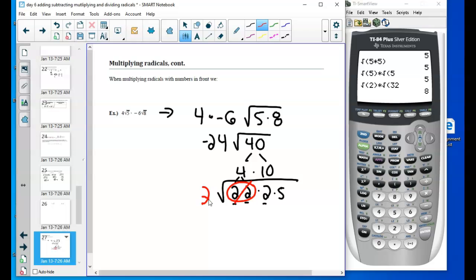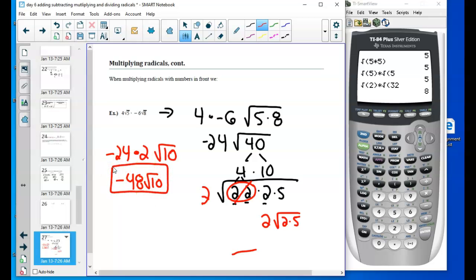Okay? So I have 2, and then I have the square root of 2 times 5. All right. So I had a negative 24 in front of the radical sign times 2, and then I have the square root of 10. Negative 24 times 2 is negative 48. Square root of 10.